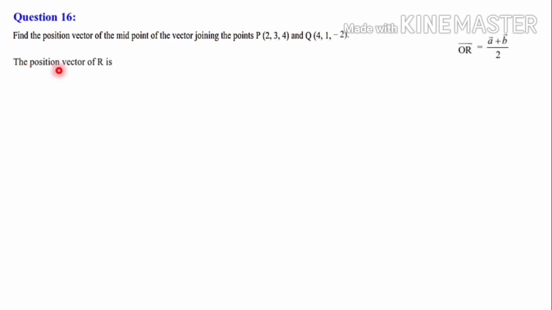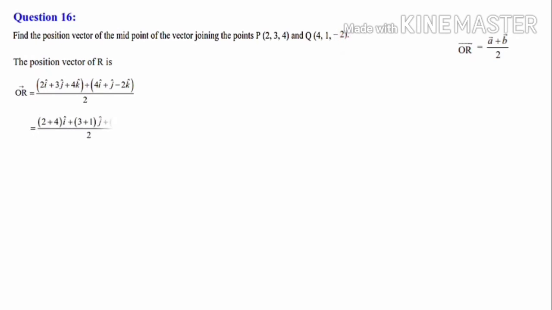That is, the position vector OR is equal to the sum of the two vectors, 2i cap plus 3j cap plus 4k cap plus 4i cap plus j cap minus 2k cap, divided by 2.